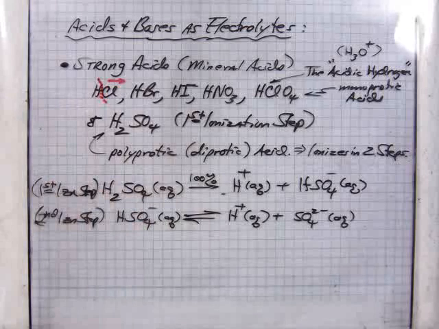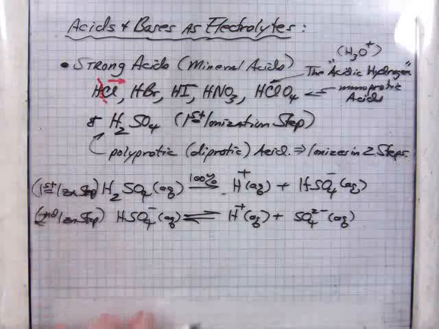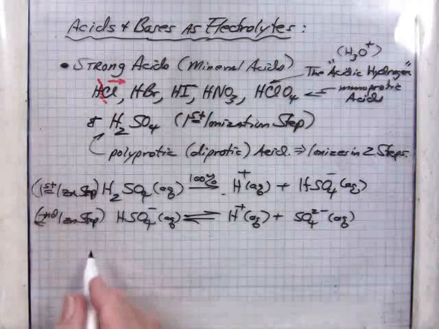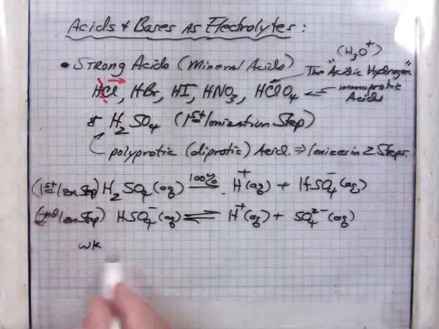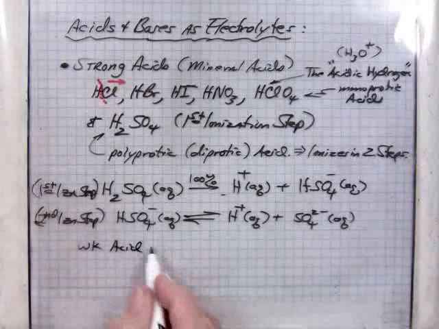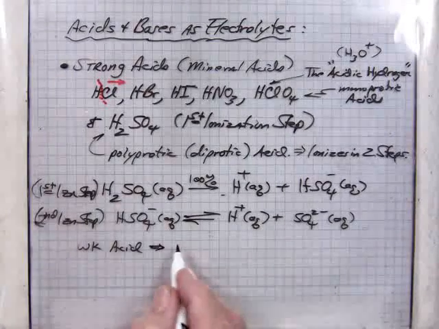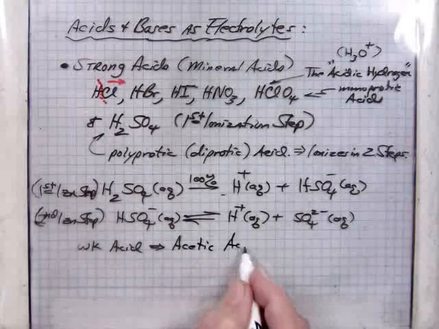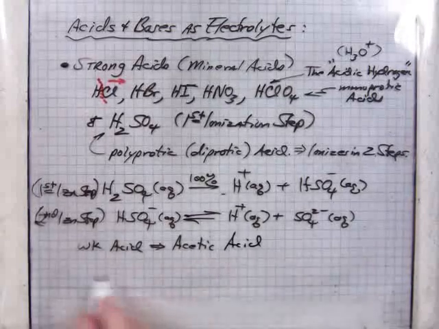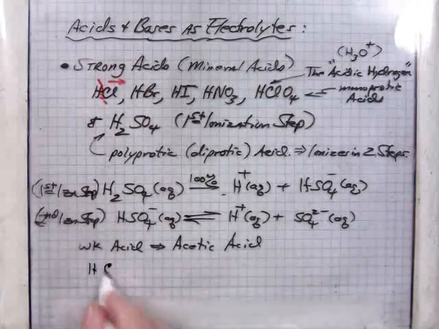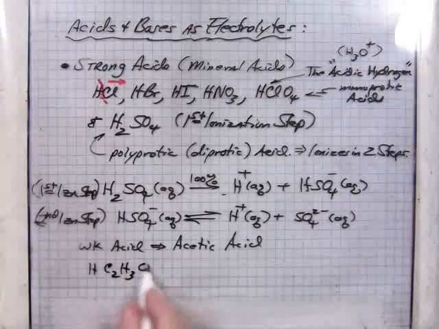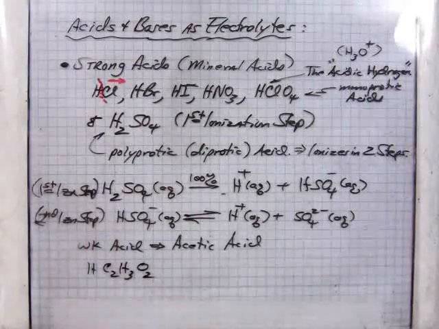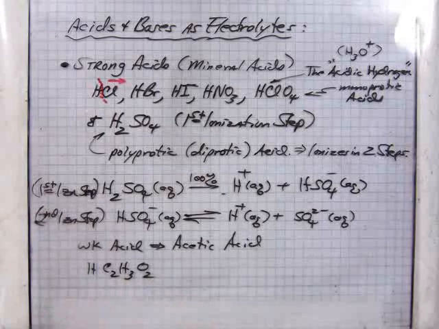We'll explain this when we get a little deeper into the course, but take a weak acid, as an example, acetic acid, which has a HC2H3O2 molecular formula, and I'll show it to you in a few minutes, as an acid.